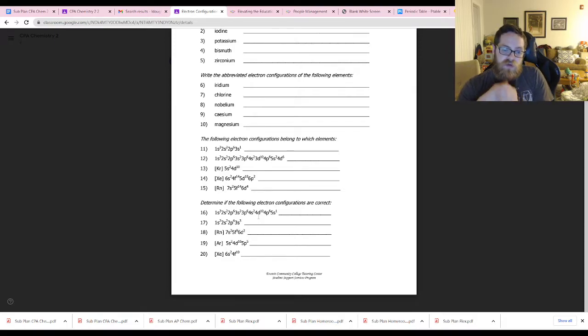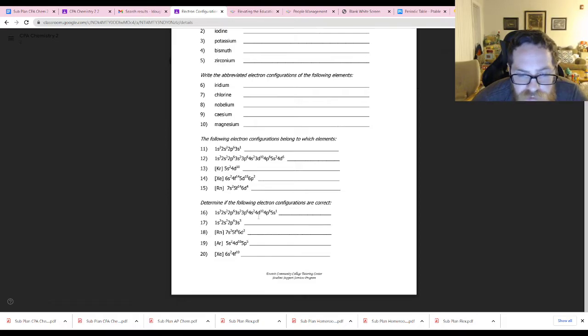In addition, they do have to go in a correct order. So let's look here. This first one doesn't have the 3D. This is supposed to say 3D instead of 4D, so this one's wrong.